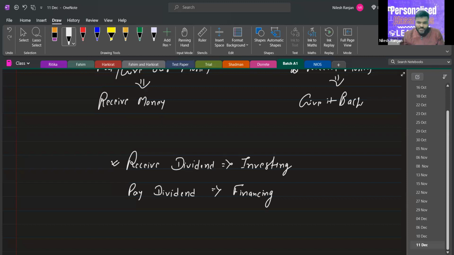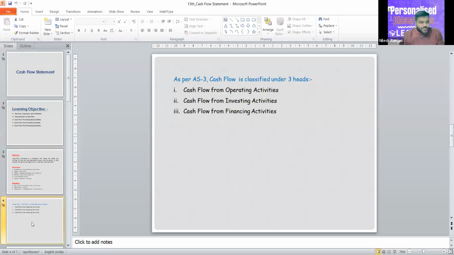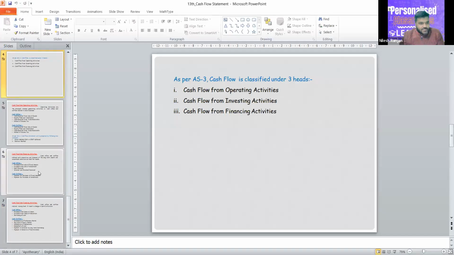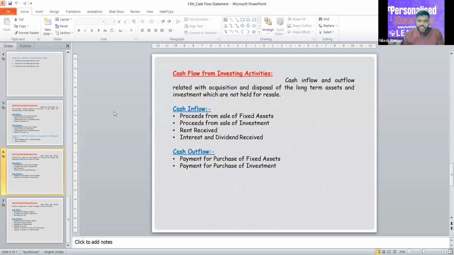Okay, good. So let's see investing activities. Cash inflow and outflow related with acquisition and disposal of long-term assets and investments, which are not held for resale.